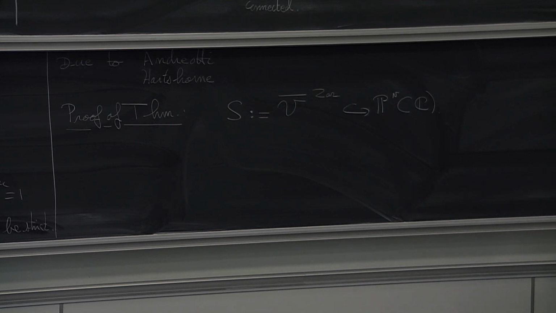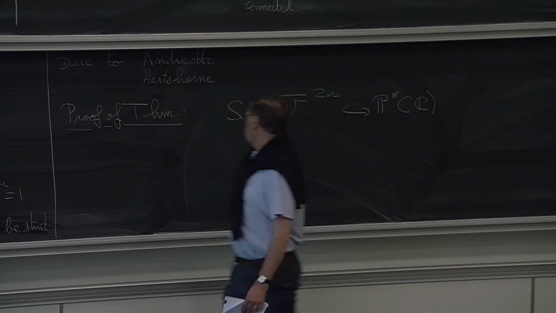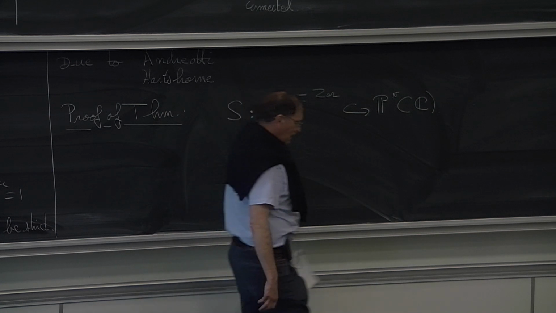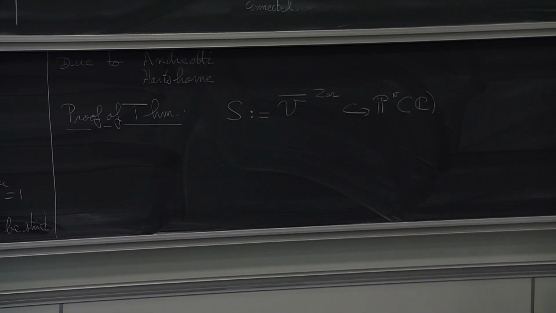Okay, how can you describe in concrete terms this Zariski closure? Of course, as any algebraically closed subset of the projective space, you may define it by its homogeneous ideal.